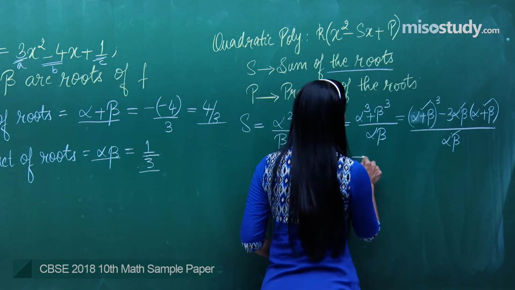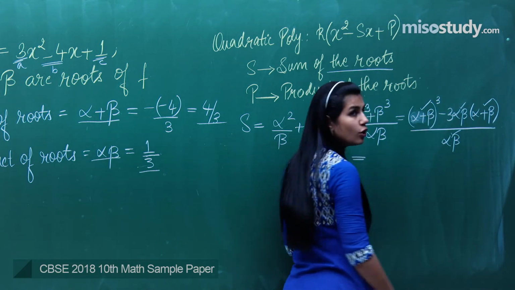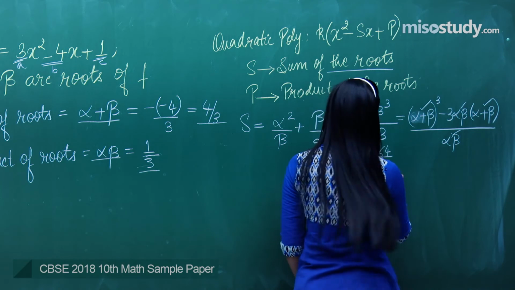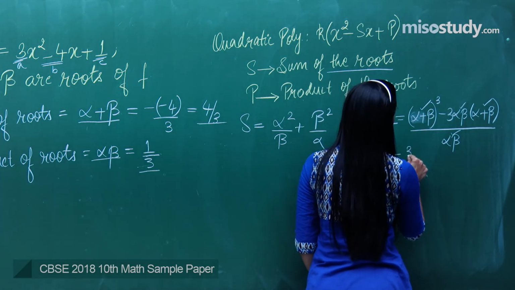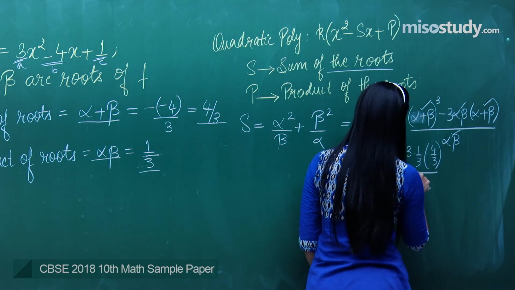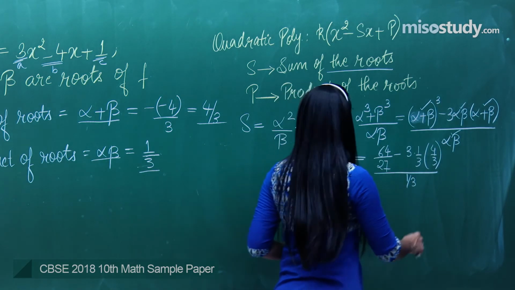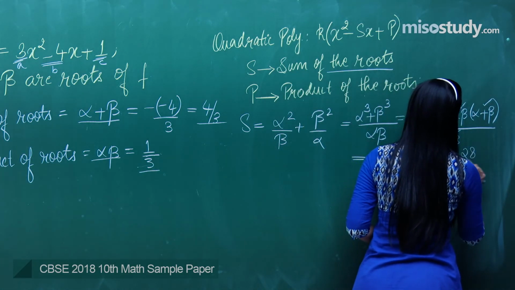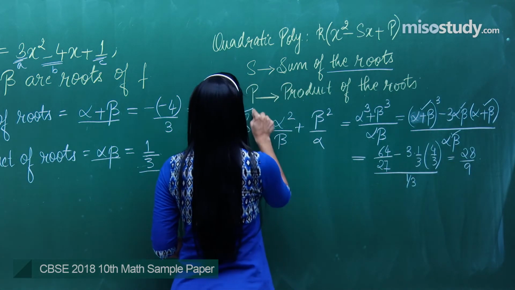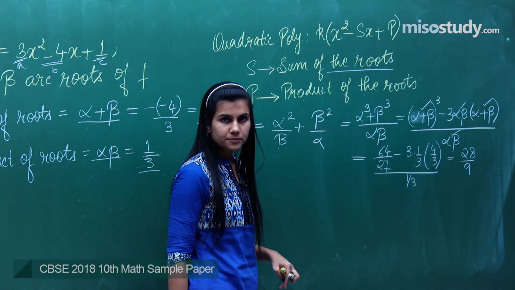And so alpha plus beta is 4 by 3. So you get 4 by 3 whole cube. 4 cube gives you 64. 3 cube gives you 27, minus 3 into 1 by 3 into 4 by 3, whole upon 1 by 3, and that results in 28 by 9, which is your sum of the roots of the unknown polynomial.